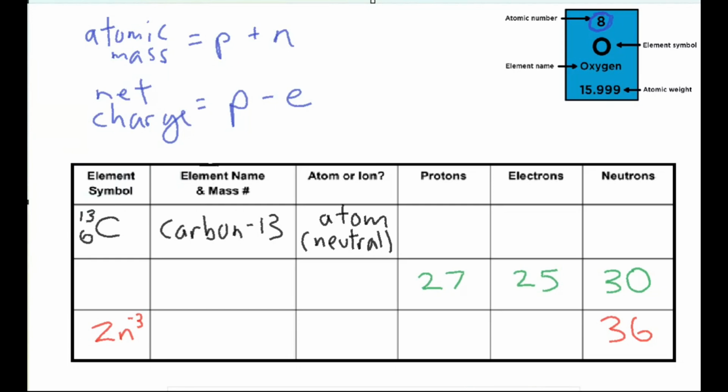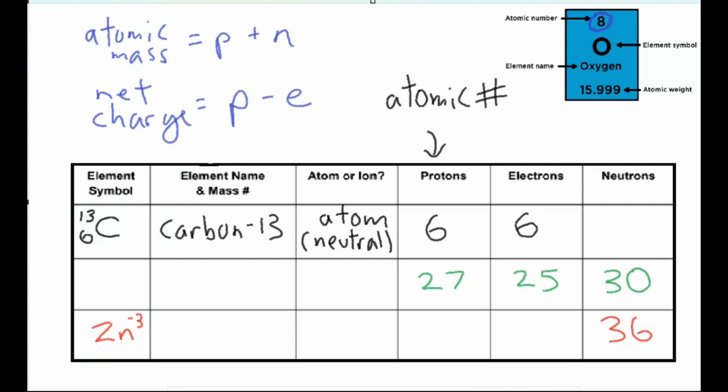Now, as for the protons, electrons, and neutrons, we have some things that we already know and then some things that we're going to have to calculate a little bit. So for protons, I know that they're always the same as my atomic number, which for carbon is always going to be 6. And then for the amount of electrons, if it is electrically neutral, then we know that the protons and electrons are going to be equal.